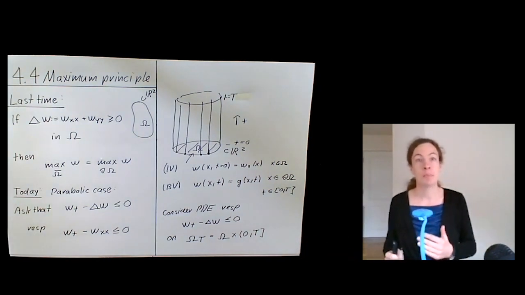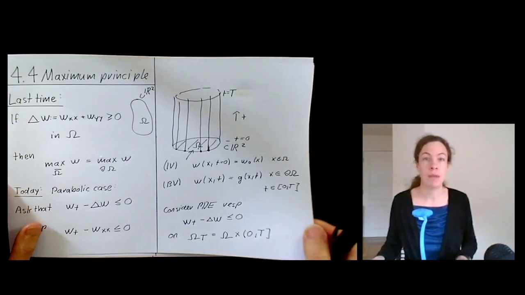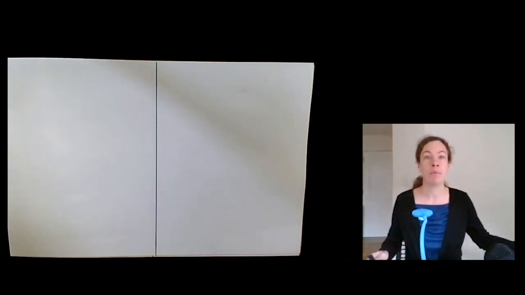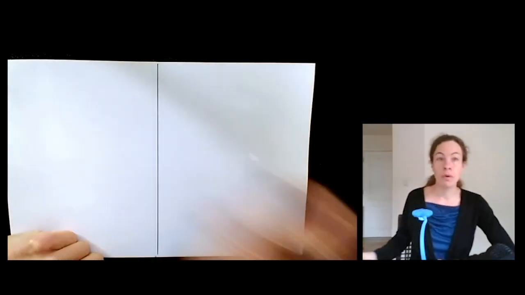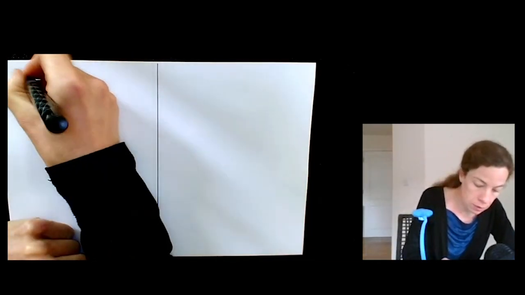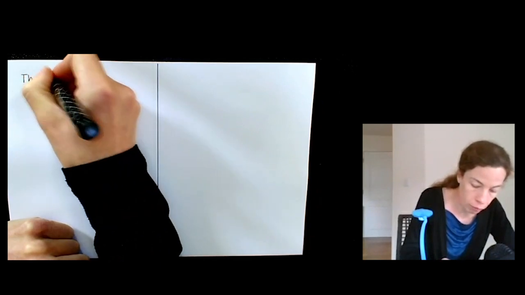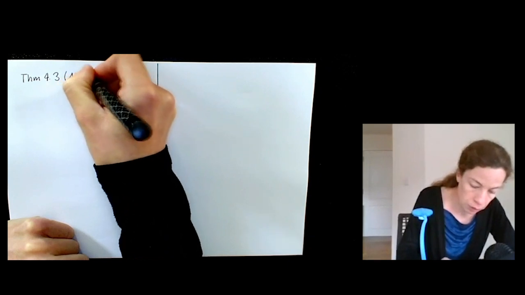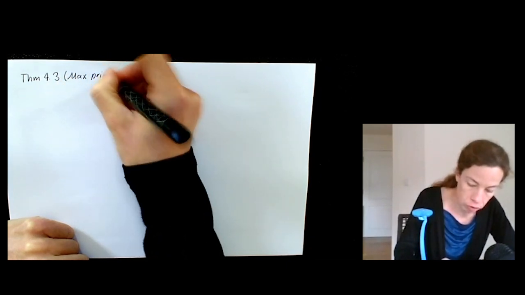Let me now make this precise in the 2-dimensional situation, and let me finally state the last theorem of our course. So let me state this result, and this result is theorem 4.3, which is the version of the maximum principle in the parabolic situation.